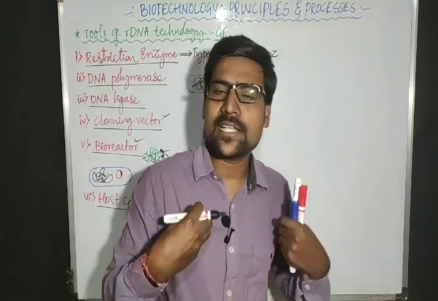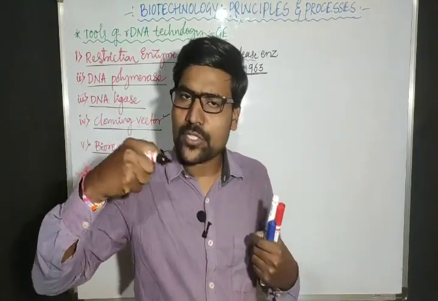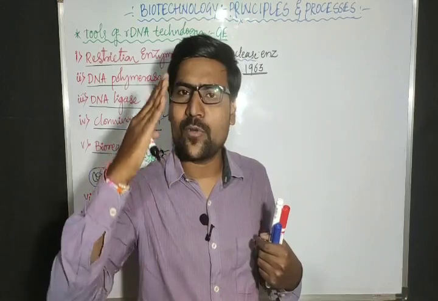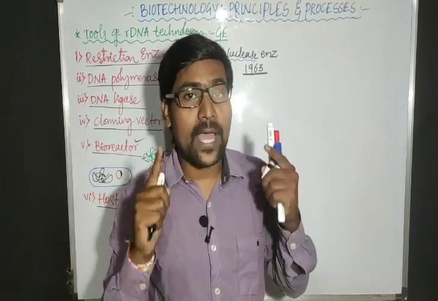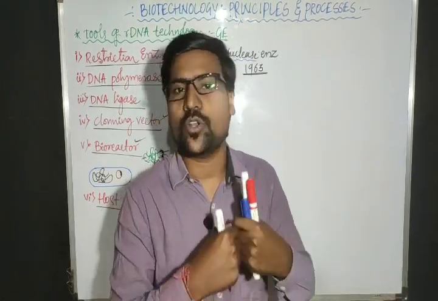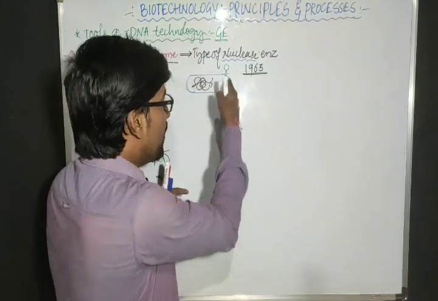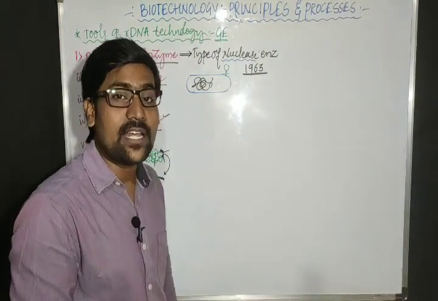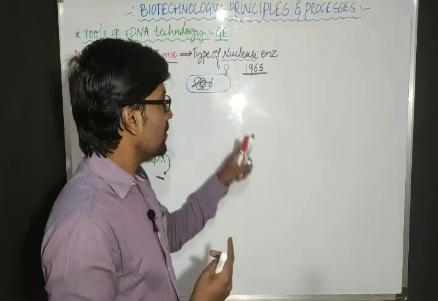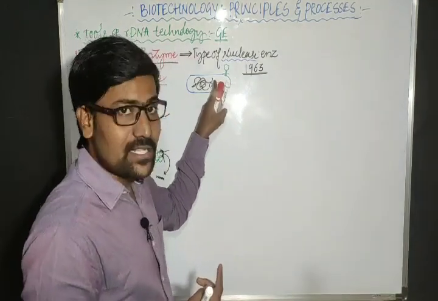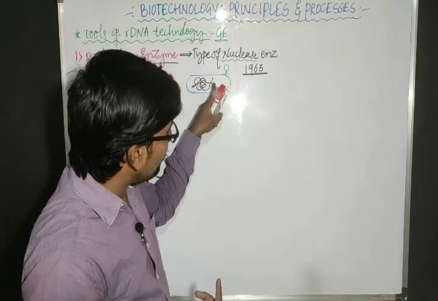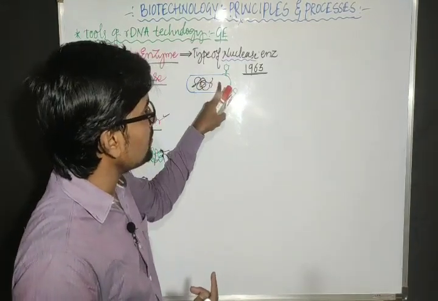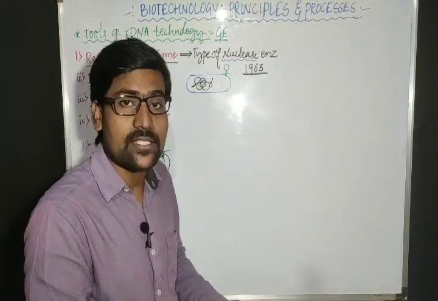Just like our immune system, when pathogens enter our body, our immune system will kill the pathogens. That means pathogens will not usually grow in our body. In the same way, the bacteriophage did not grow inside the E. coli cell. Then scientists started thinking, what is the reason, because of the presence of which molecules is the bacteriophage not growing inside?